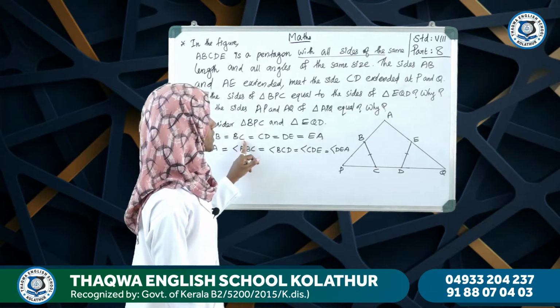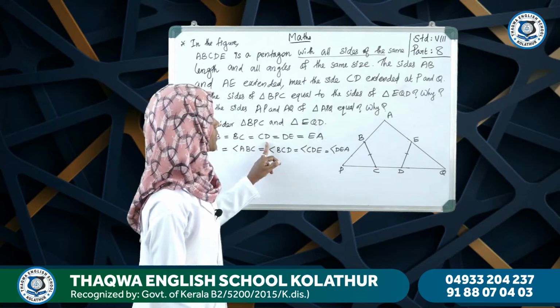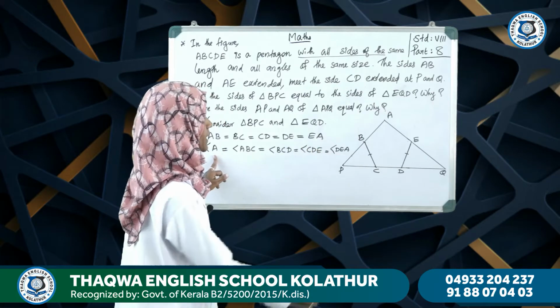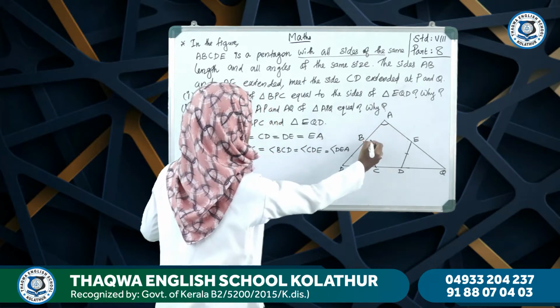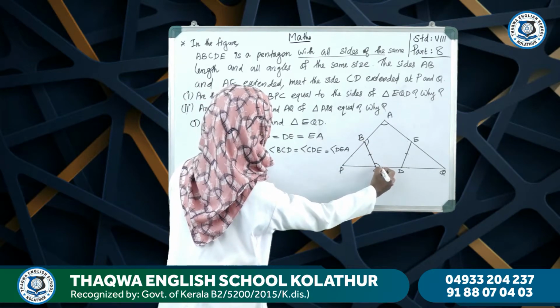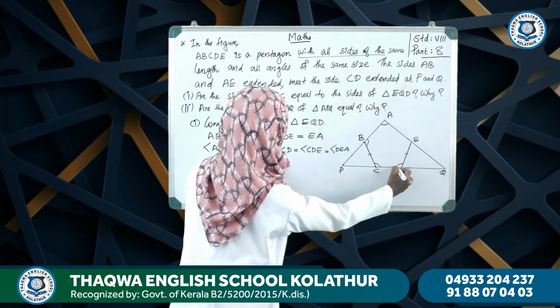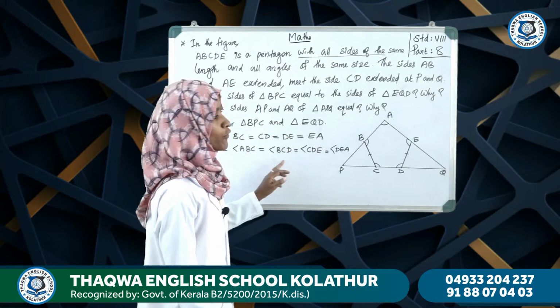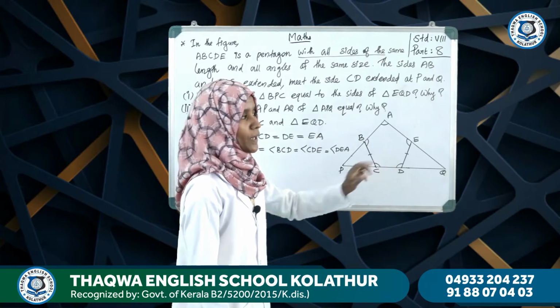AB equals BC equals CD equals DE equals EA. And angle A equals angle ABC equals angle BCD equals angle CDE equals angle DEA. All five angles are equal.